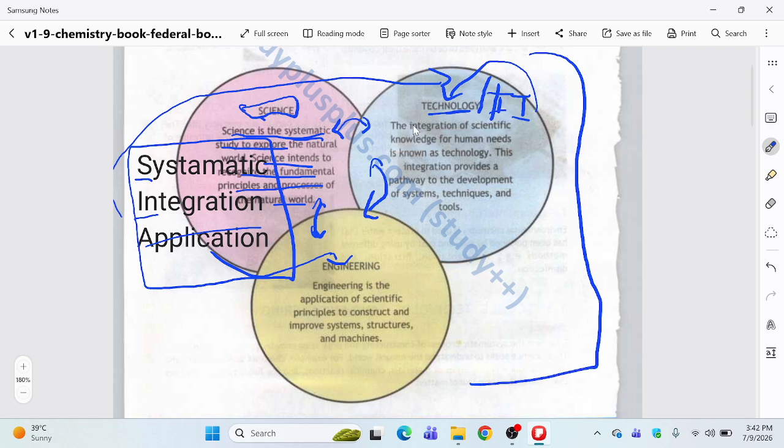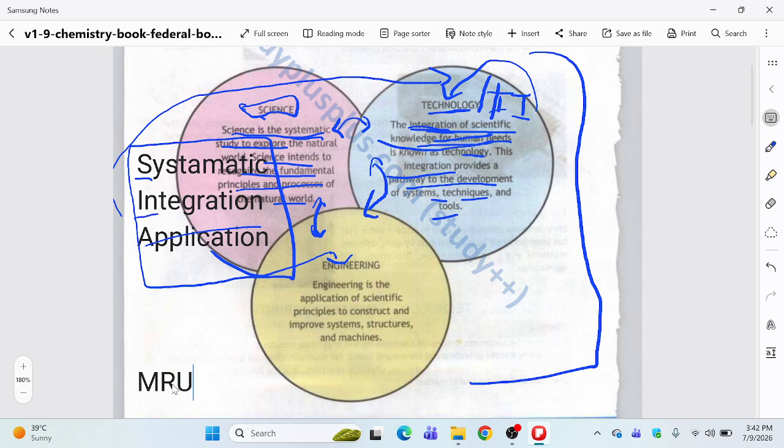Technology is the integration of scientific knowledge for human needs. This integration provides a pathway to development of systems, techniques, and tools. So basically over here it is discussing integration of scientific knowledge for human needs. The things that we create, like a mobile phone, are technology. But the most important example we have over here is MRI.